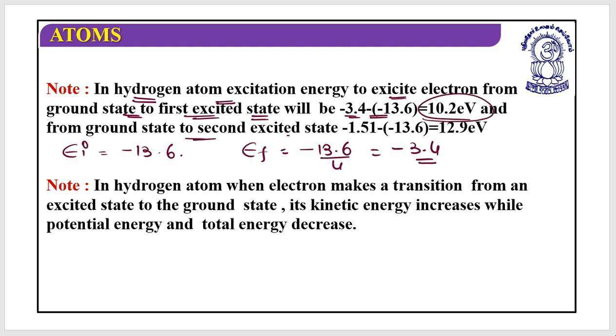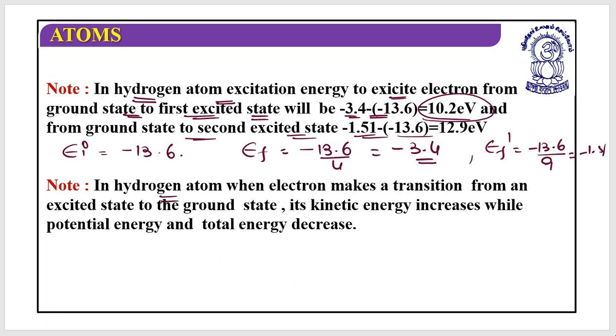And from the ground state to the second excited state, E final is minus 13.6 by 9, which is minus 1.51 eV. So it's minus 1.51 plus 13.6. This is 12.09 eV, that we have already calculated for some different values.